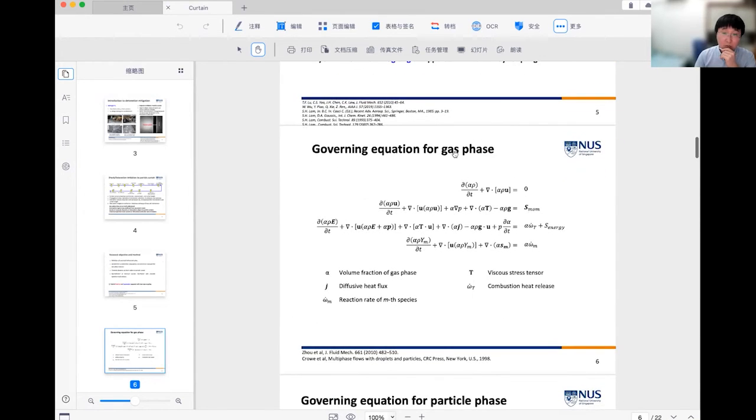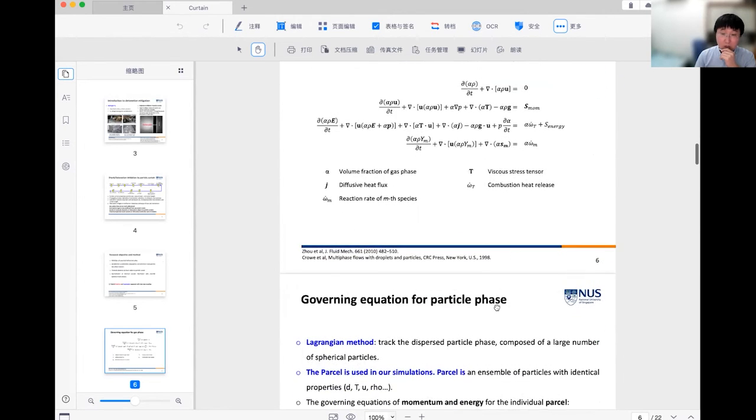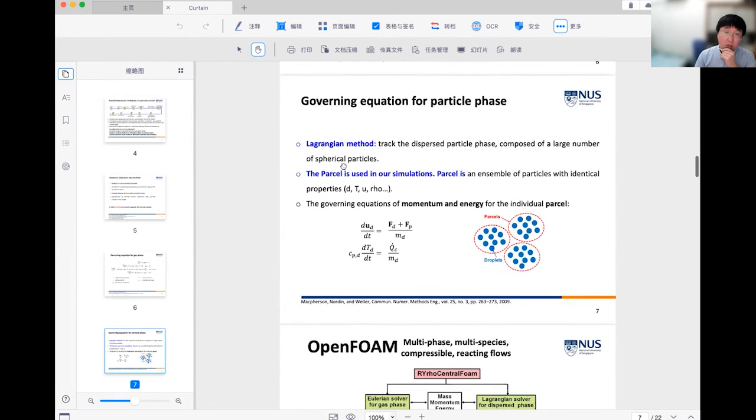The governing equations for the gas phase include mass, momentum, energy, and species conservation equations. For the particle phase, the Lagrangian method is used to track the dispersed phase composed of a large number of spherical particles. The parcel is used in our simulations. A parcel is an ensemble of particles with identical properties such as the same particle size, temperature, velocity, and density.